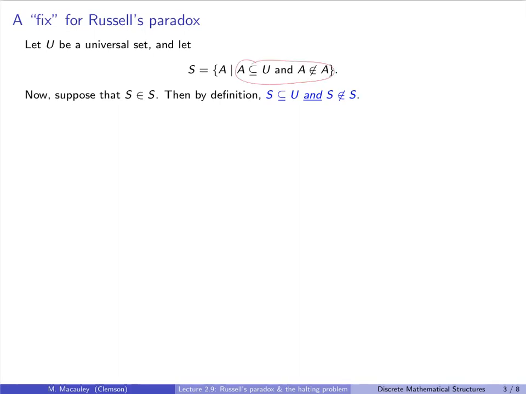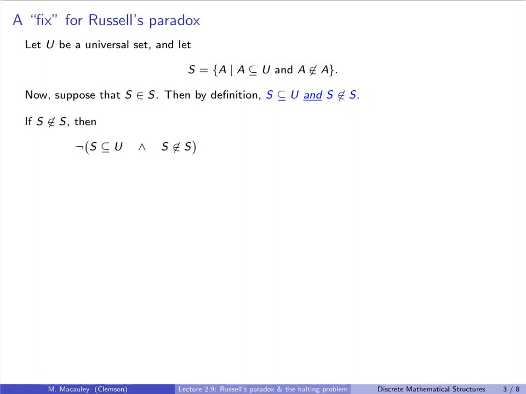In other words, S is an element of the universal set U, and S does not contain itself. And that last condition is in contradiction with the assumption that S does contain itself. And so we conclude that this case is impossible. So this set of all sets that do not contain themselves cannot contain itself.